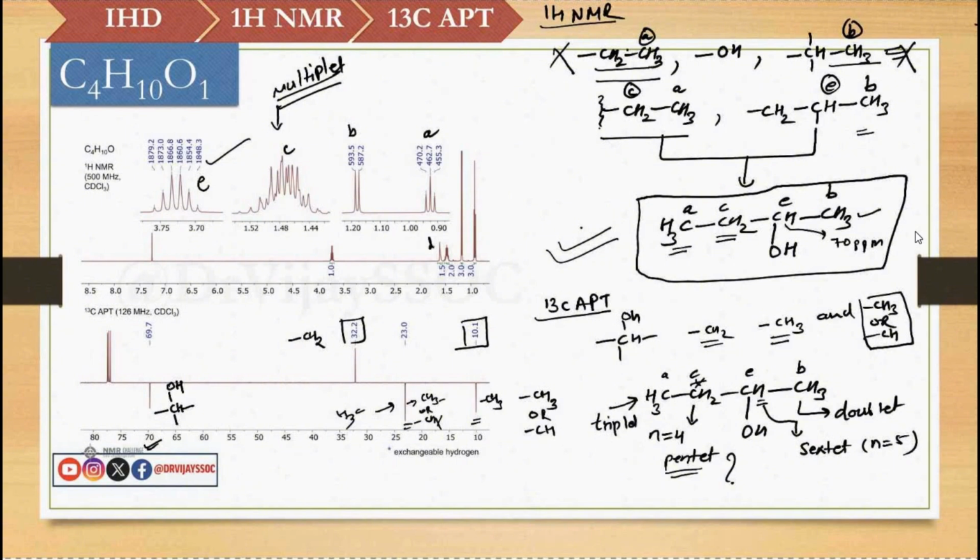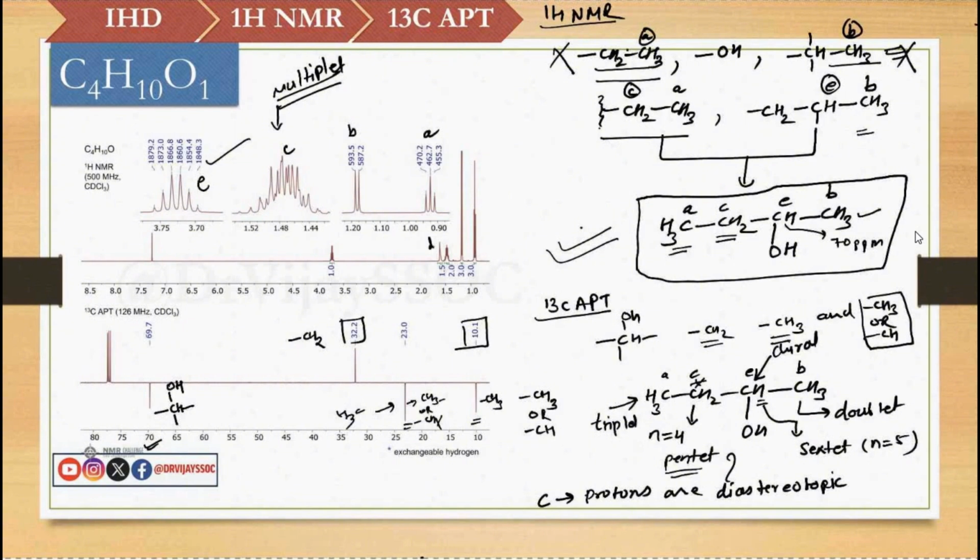So let's try to understand this one. If you look at this carbon, this is a chiral center and it is attached to 4 different groups. When there is a chiral center, the adjacent protons become diastereotopic. So the C protons are diastereotopic.